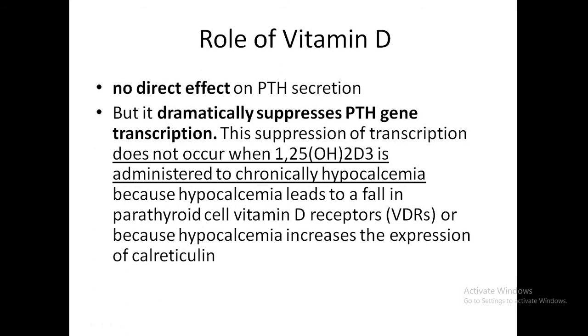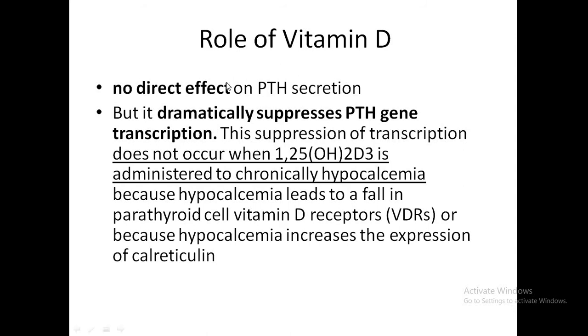Role of vitamin D: there is no direct effect on PTH secretion, but it dramatically suppresses PTH gene transcription, and it does not occur when calcitriol is administered to chronic hypocalcemia, because hypocalcemia leads to a fall in the parathyroid vitamin D receptors, or the VDRs, or because hypocalcemia can increase the expression of calreticulin.